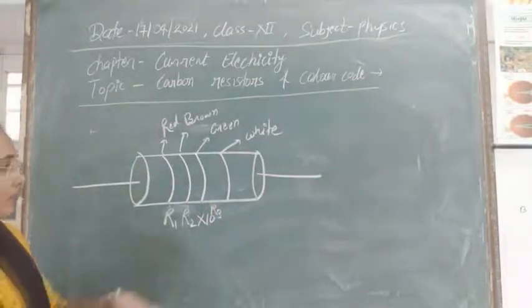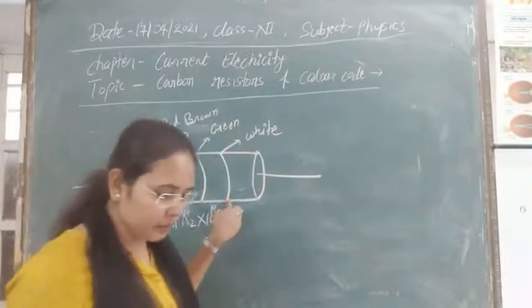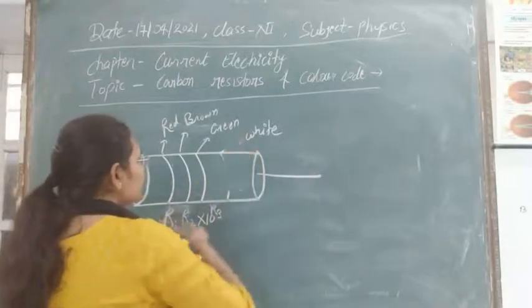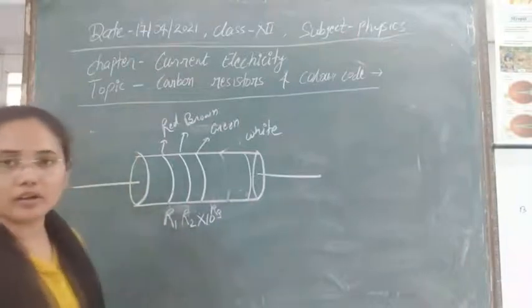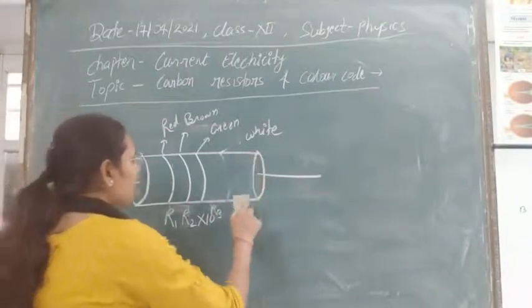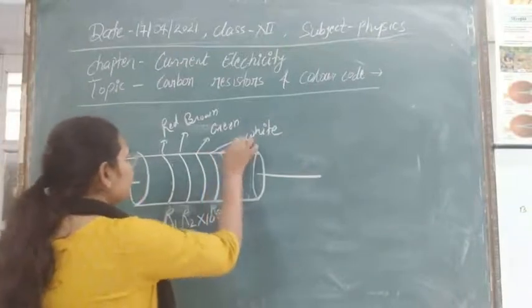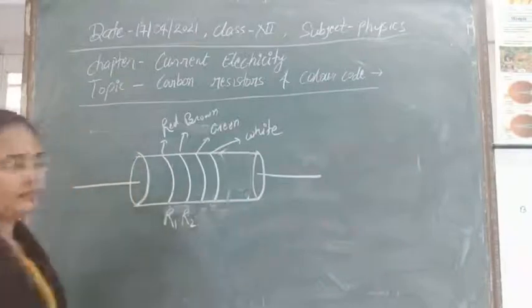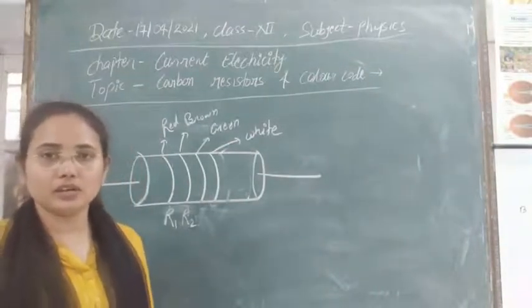And if there is a last band far away from these three bands, then it will represent tolerance. But if it is near to these three bands, then we will use the first three as significant. This is the rule to write the values of resistors.